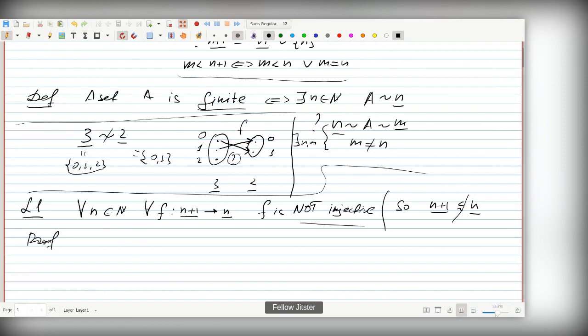How can we prove it? We shall assume that there is such n and there is such an injection. And then we shall take the least such number n. So here lies our application of induction.